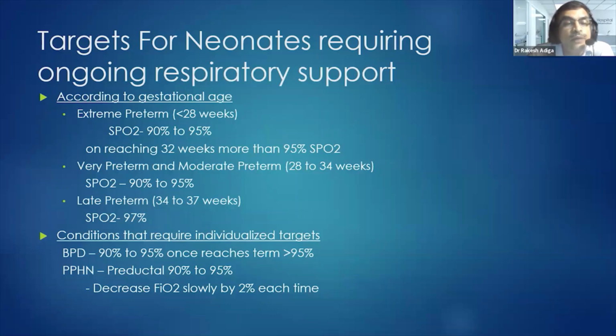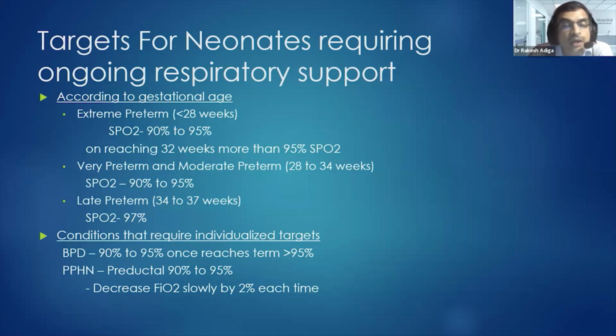Very preterm and moderate preterm, that is 28 to 34 weeks, oxygen saturation 90% to 95%. Late preterm 34 to 37 weeks, oxygen saturation 92 to 97%.